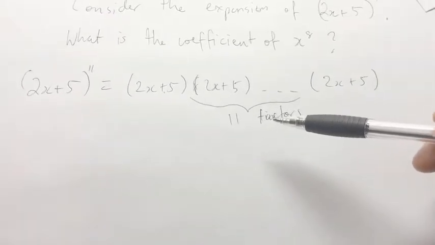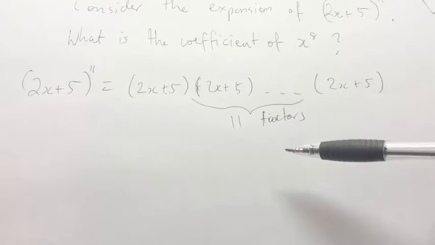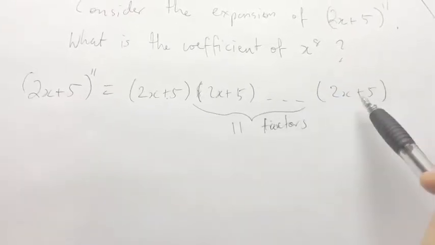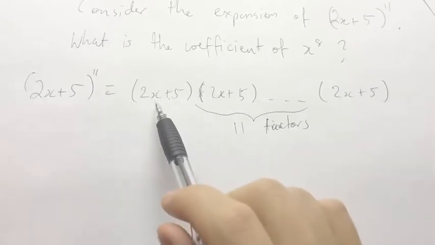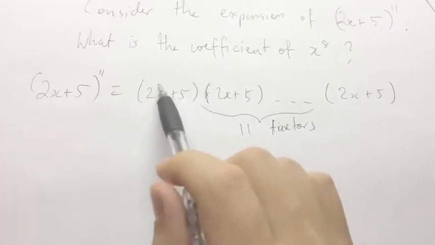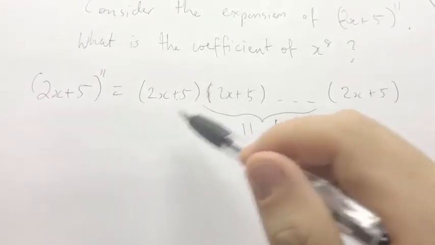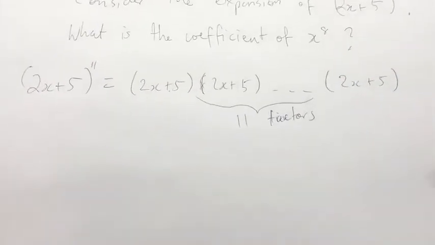So the terms that will correspond to x to the 8 will be the terms in this expansion where you took the x term in 8 of these factors, and then you took the 5 in the other 3 factors.